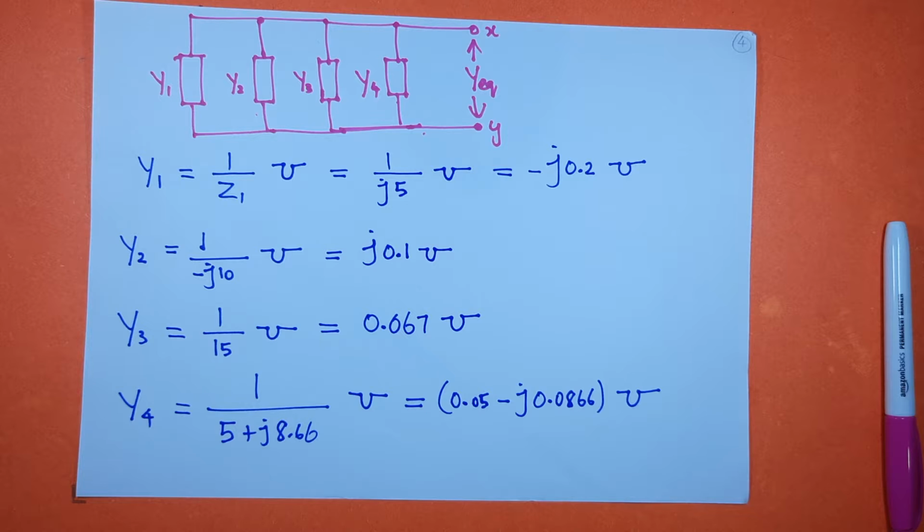I think I have entered minus. So in other words, this should be minus, right? So Y4 equal to 0.05 minus j0.0866 mho. So we found all the 4 admittances.